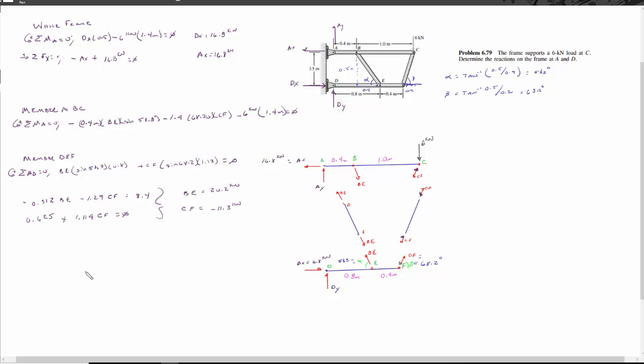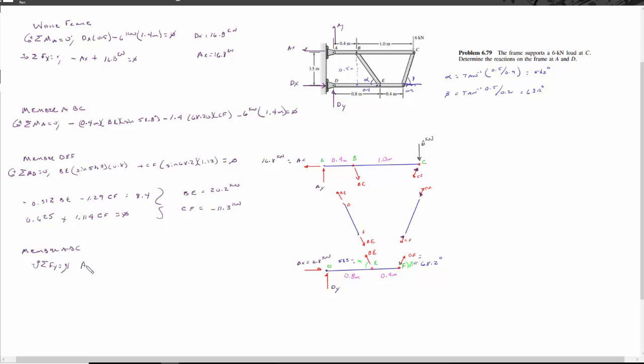Then I can look at summing my forces in Y, looking at member ABC again, so I'm going to write that out again. Sometimes it's nice to write these out so you can go back and see what you did. Sum of forces in the Y is equal to 0.